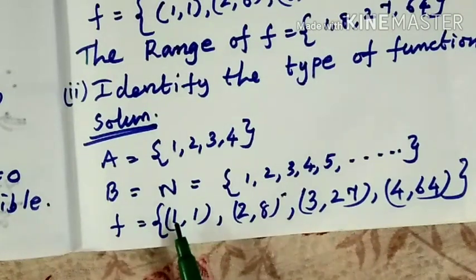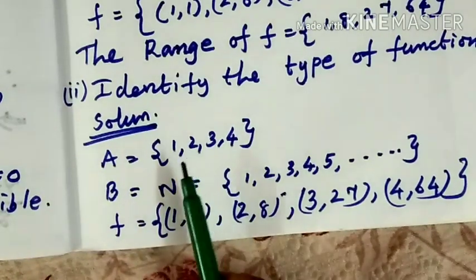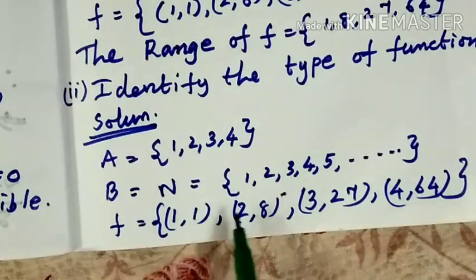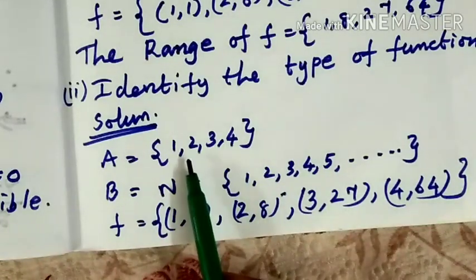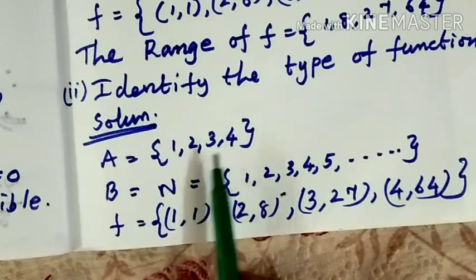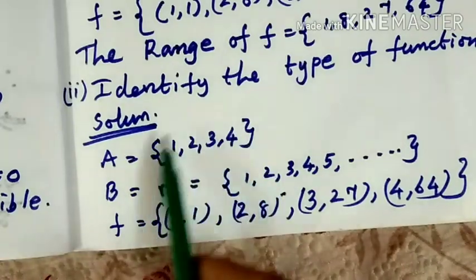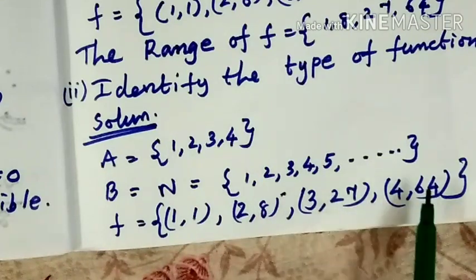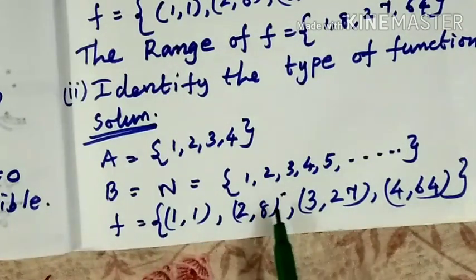In this ordered pair, every element of set A, the first element, belongs to set A, that is the x coordinate. So every element in set A has a different image in set B. Therefore, it is one-one function.